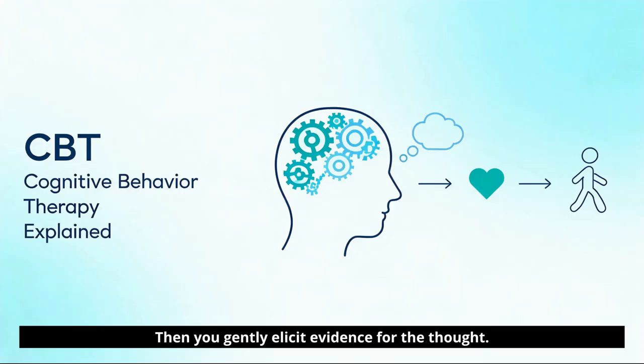Then you gently elicit evidence for the thought. "What are the facts that support the idea that you're completely incompetent?" They might say, "I missed this deadline, and my supervisor was disappointed." Next, you explore evidence against. "Have there been times you've met deadlines or received positive feedback?"